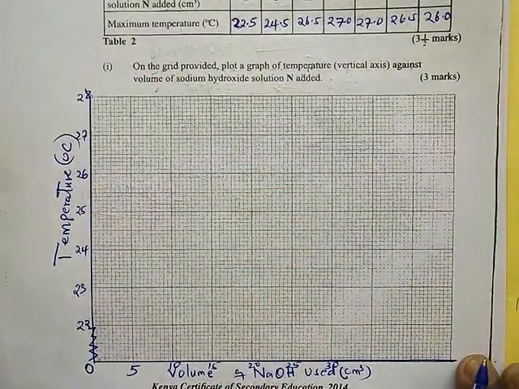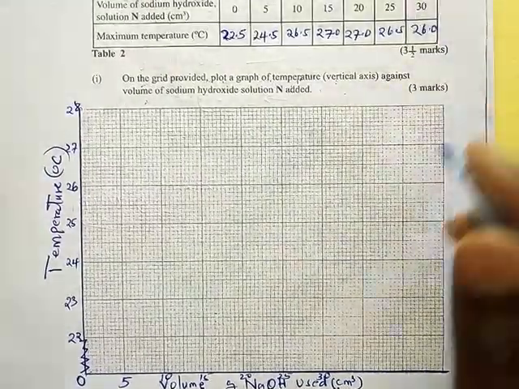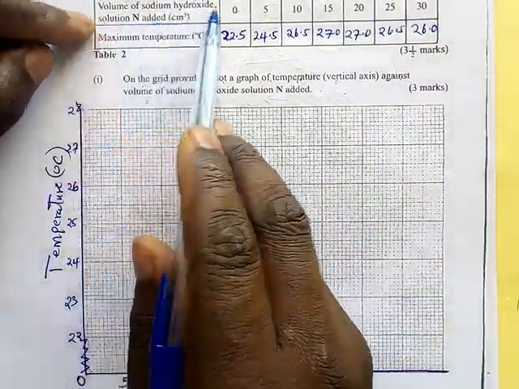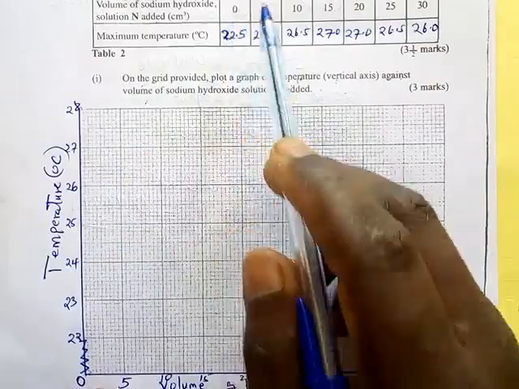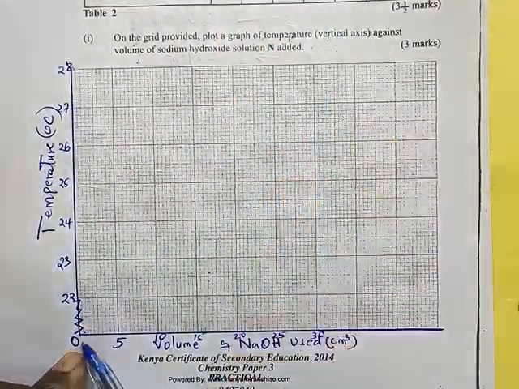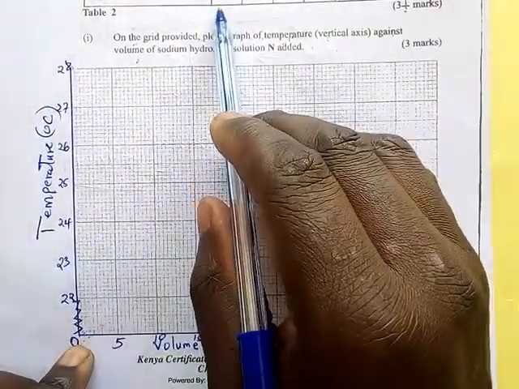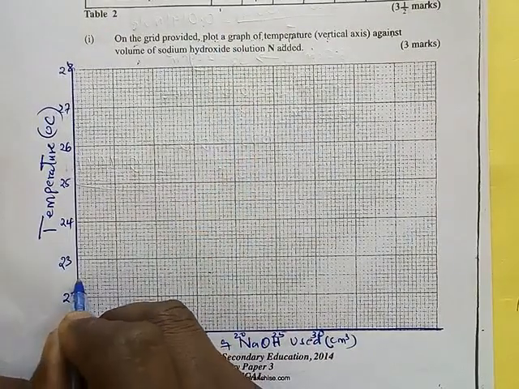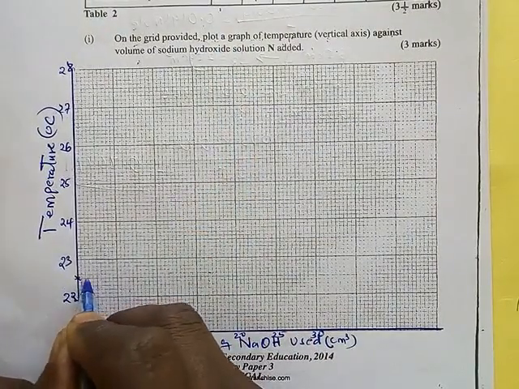Now let us use our values to plot this graph. When the volume is 0, temperature is 22.5, so 22. So here we have 0.5 at the middle.